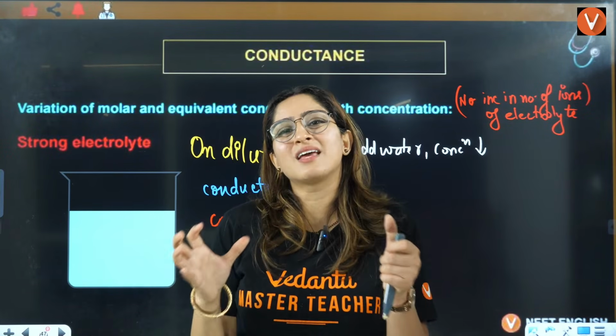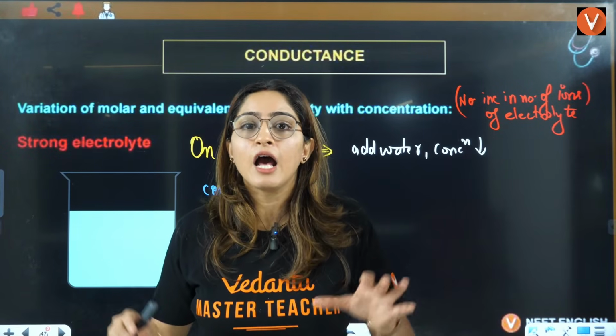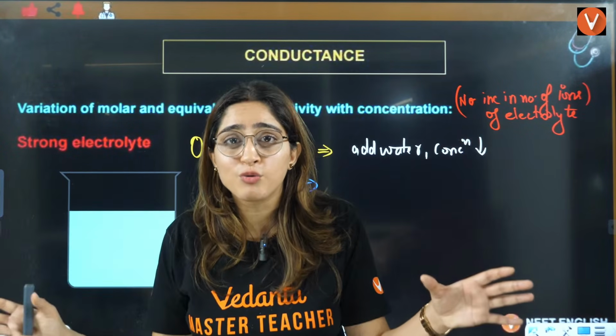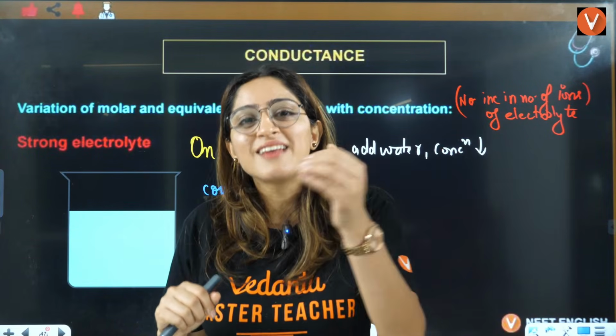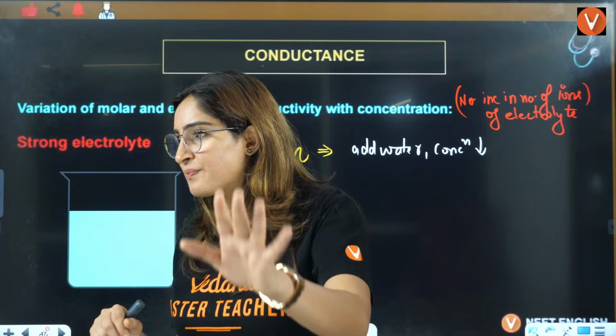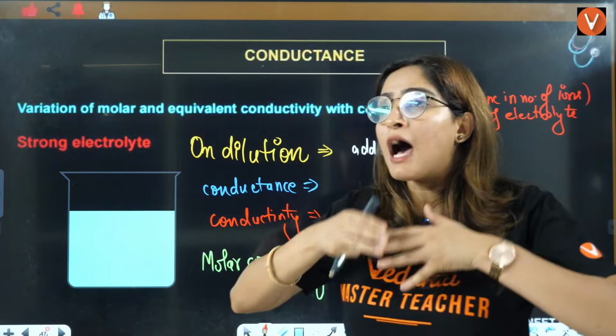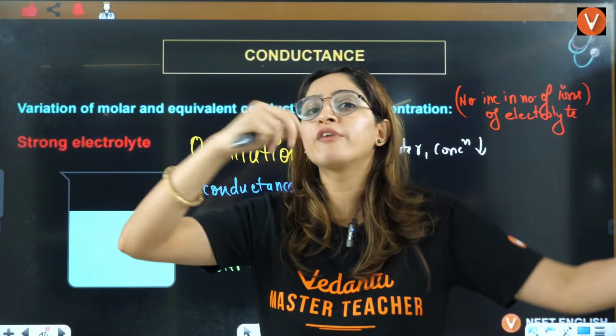Earlier you were just in one room, sitting here looking at each other and getting irritated. Now you have a big full-fledged house. Now you will start moving here and there. Now your conductivity will increase, because now you have more volume to move here and there.